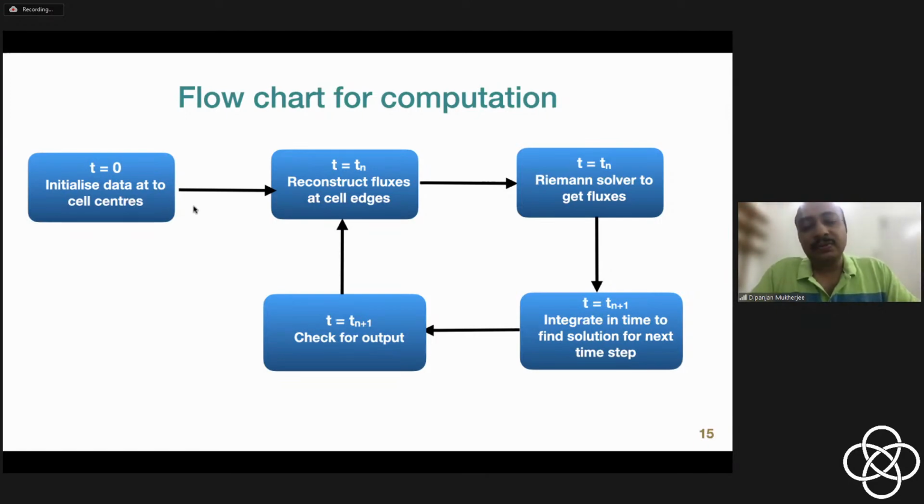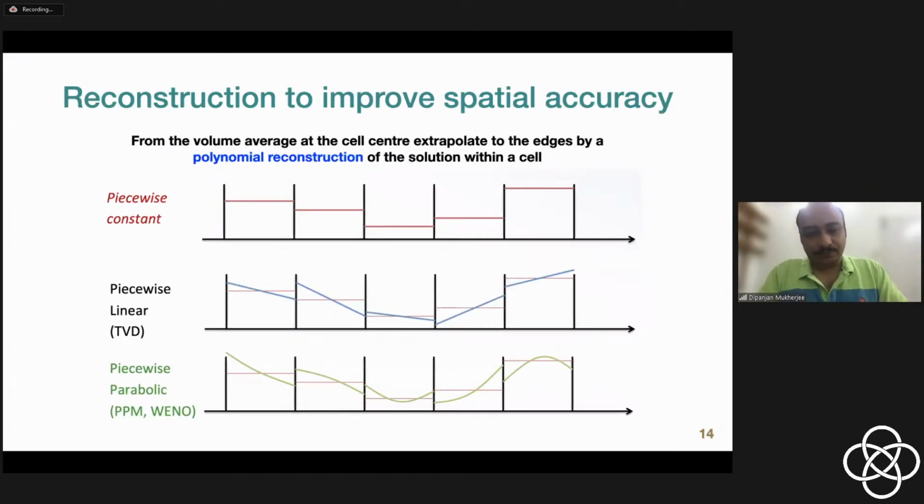And at the next step, you perform the reconstruction of the fluxes at the cell edges. So what you define is some quantity at the center of the cell. You have discretized your space, and each center point has some value which you have defined at t equals 0, which is the initialization step.